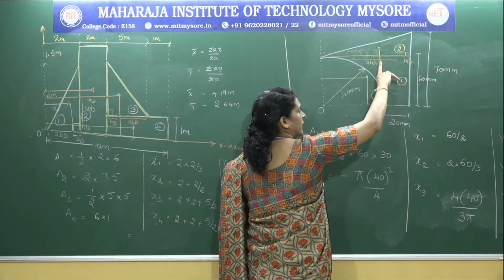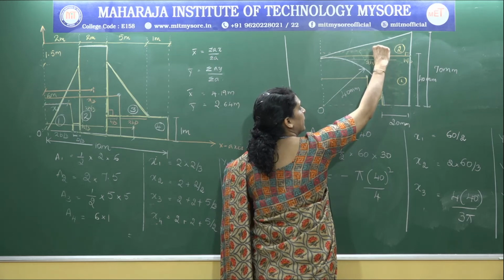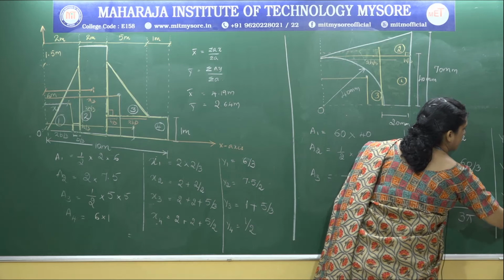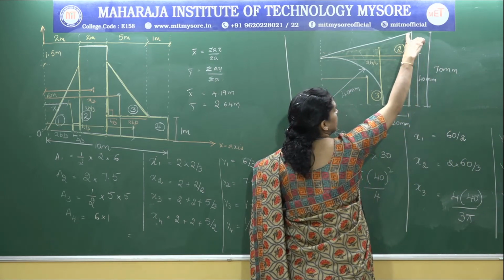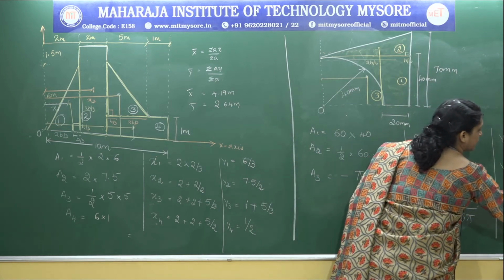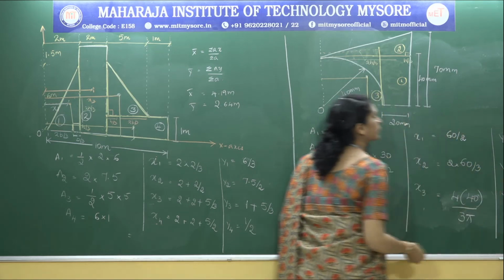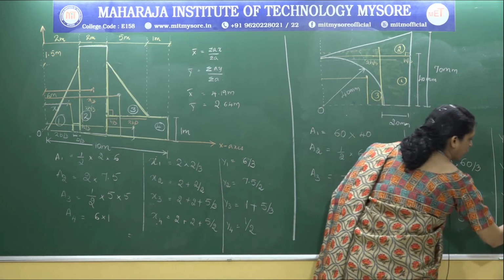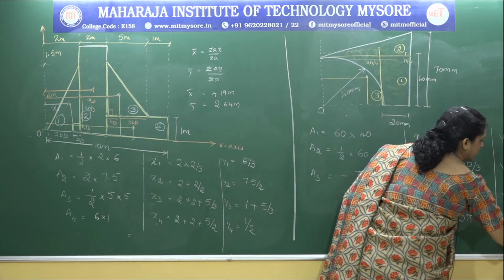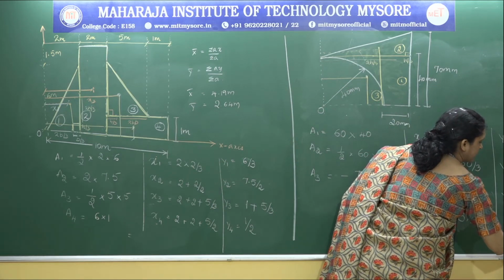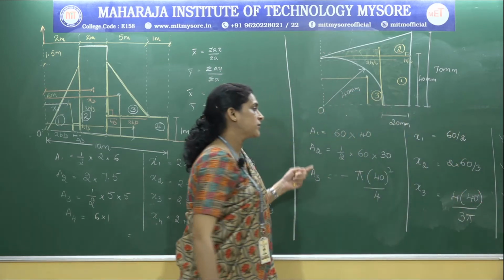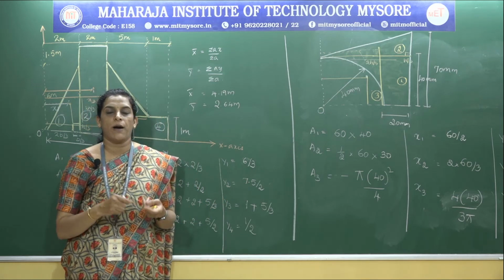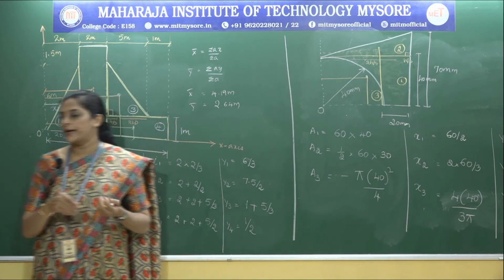Therefore, it is 40 plus b by 3, that is 40 plus base 30 by 3. Next, y3 is this, 4r by 3 pi.